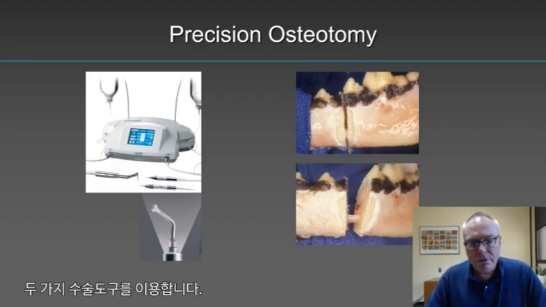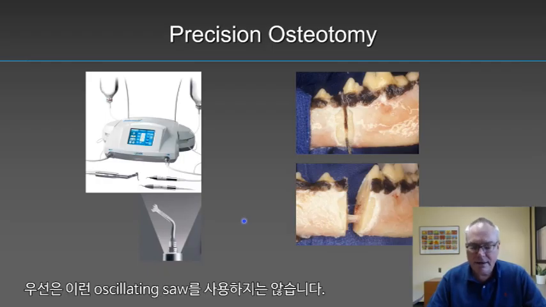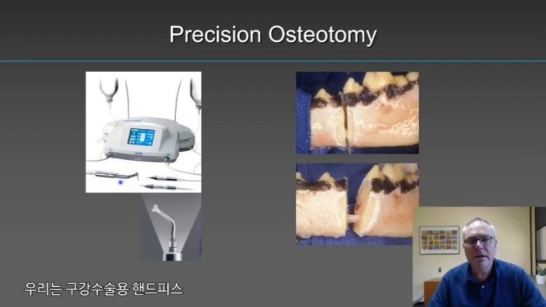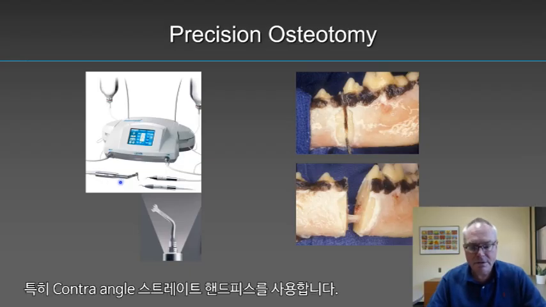There are two pieces of equipment that we use for this purpose. Before I get to that, what we don't use is an oscillating saw, because that is too imprecise. So we either use an oral surgery handpiece, which can be either a contra angle or a straight handpiece.